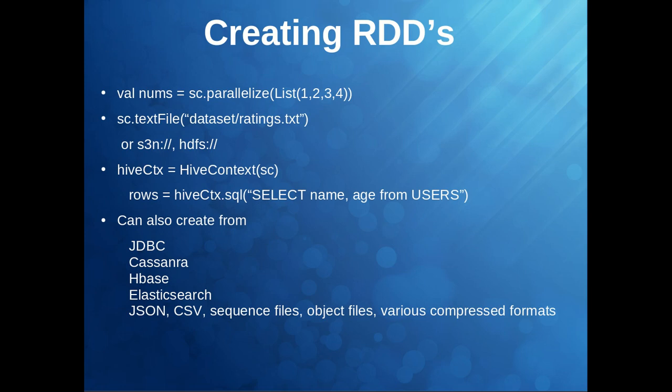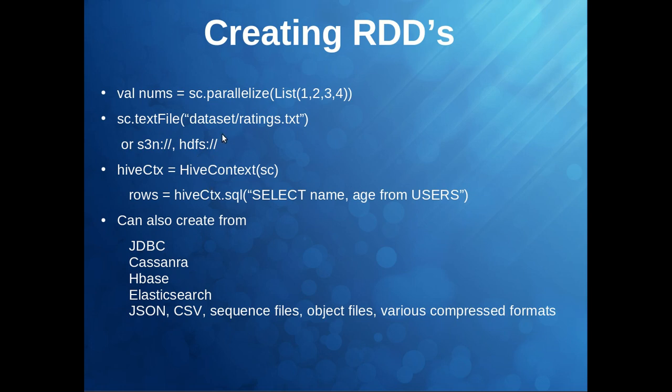Let's see how we can create RDDs. Let's say we have val nums. It can take two types of inputs. Either it can be a static list, like I am giving a list of 1, 2, 3, 4, or it can take data from any text file, or data sitting on Amazon S3 or on HDFS, the distributed file system.